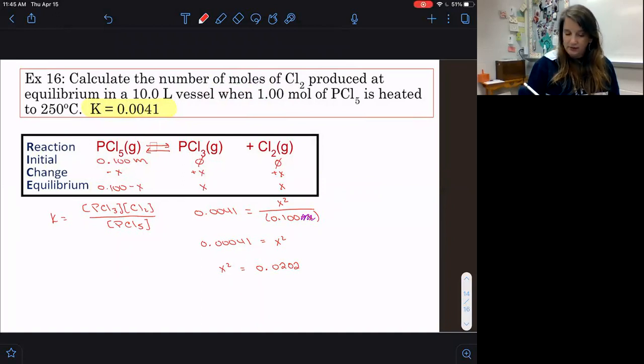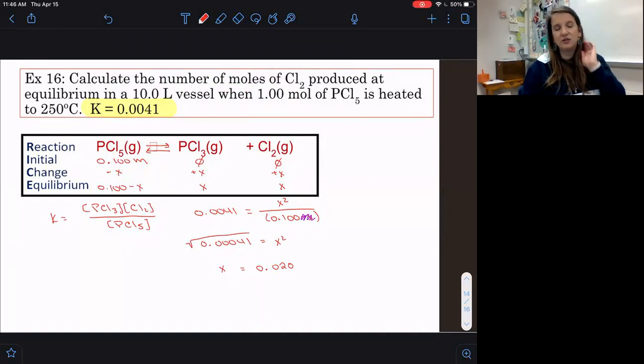Oh, I forgot. Hang on a second, I want to take the square root of this. I shouldn't have put the x squared there. There we go. I was just confusing myself. So x is going to equal 0.020.